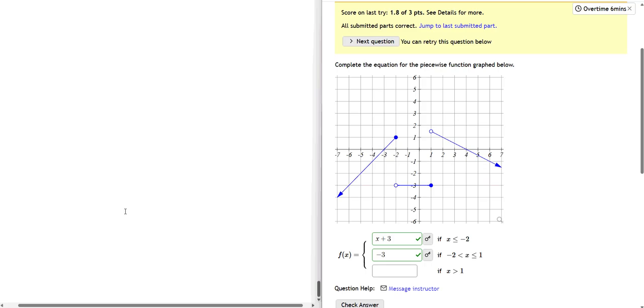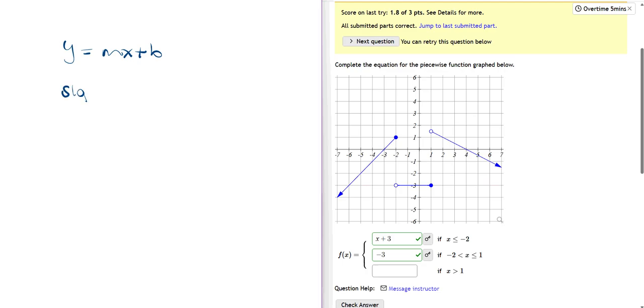But even if I wasn't aware of that fact, if I tried to count the rise over run, notice that I would have to go up 0, and then I could go over as many as I wanted to. In other words, I have a slope of 0, so y equals mx plus b with a slope of 0, with a rise of 0 and say a run of 1 would give me a slope of 0.